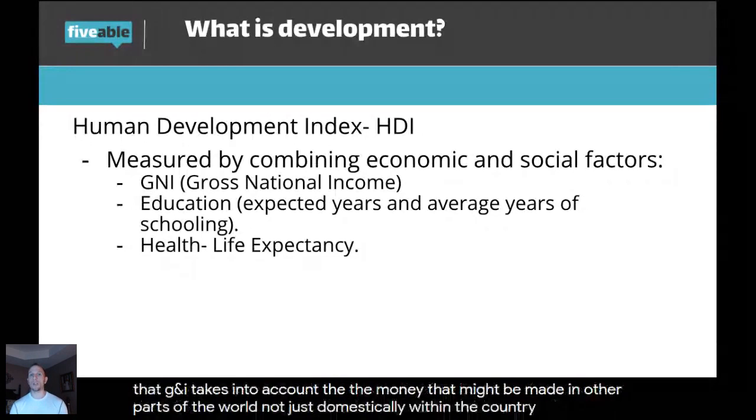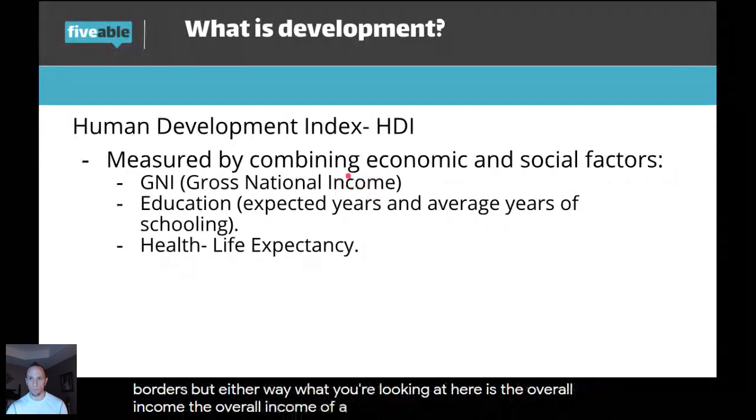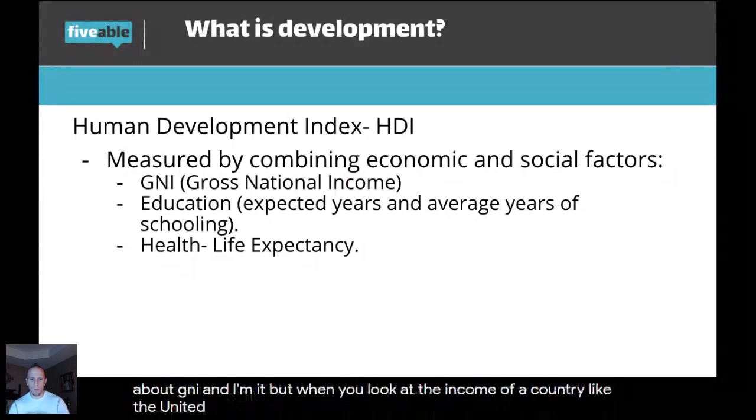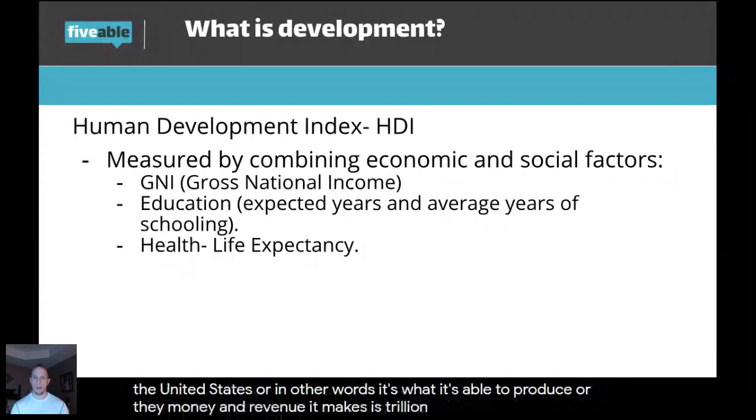But either way, what you're looking at here is the overall income of a country. All right, and we'll talk more about GNI in a minute, but when you look at the income of a country like the United States, or in other words, what it's able to produce, or the money and revenue it makes, it is a $1 trillion economy.